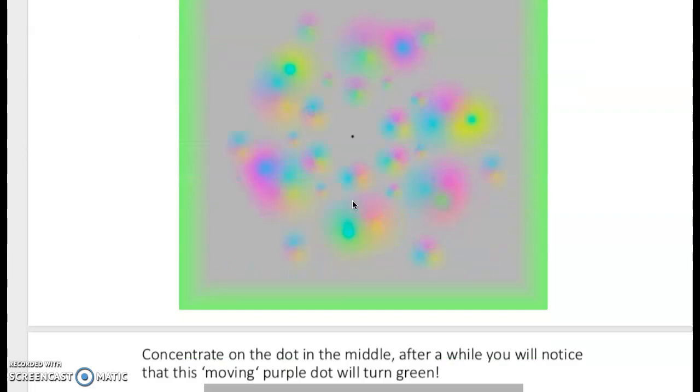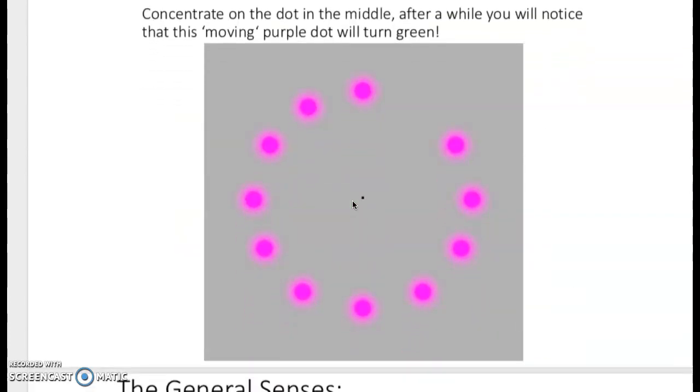I can't remember what. It doesn't seem to work for me. But this one, if you play it on your PowerPoint, you'll see that there's a little missing dot that starts to travel around, and after a while it starts to turn green, and that's because of lateral inhibition.